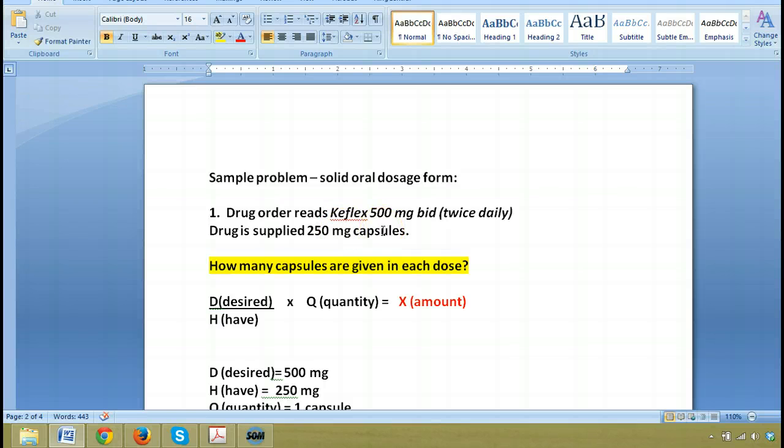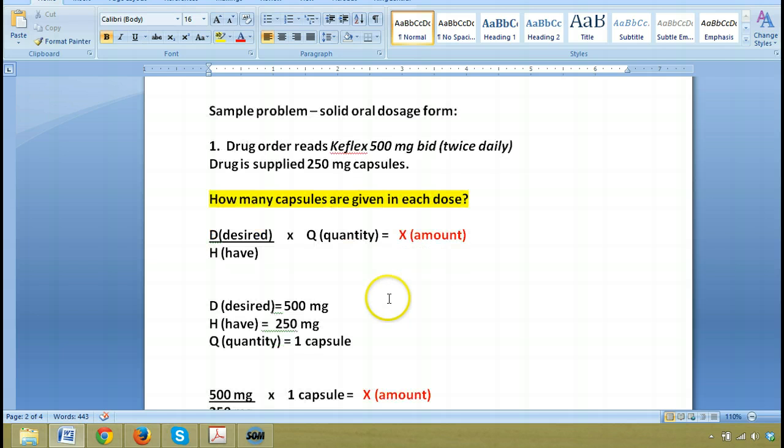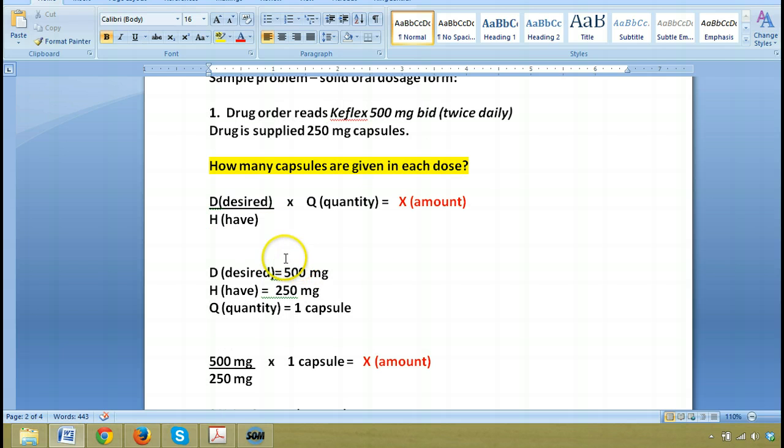It's supplied in all sorts of ways, but let's say for purposes of this, we have in our cabinet at our pharmacy a bottle of 250 milligram capsules. How many capsules are given in each dose? So each dose. Here's our equation. Desired amount over what we have on hand times the quantity equals our answer, the number of capsules that we're going to give. So in this problem, our D is going to be 500.